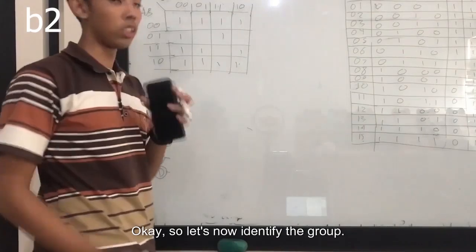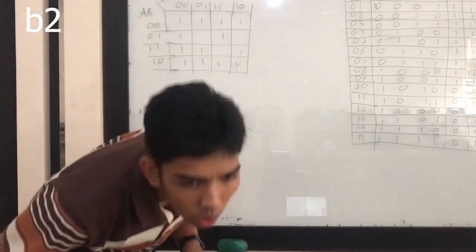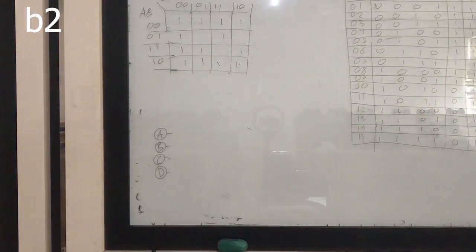Okay, so let's now identify the group. So B inverse. B inverse looks like this.